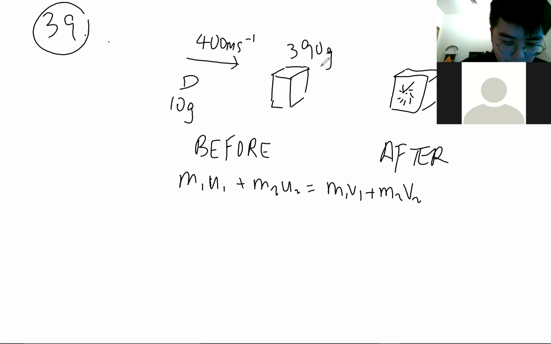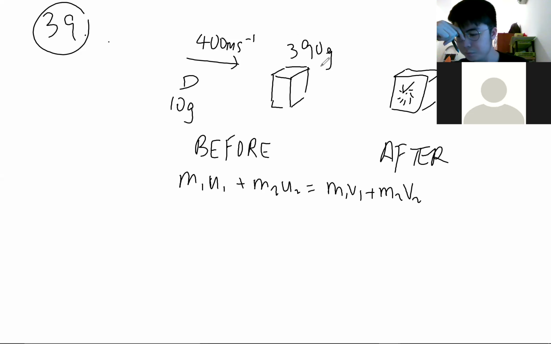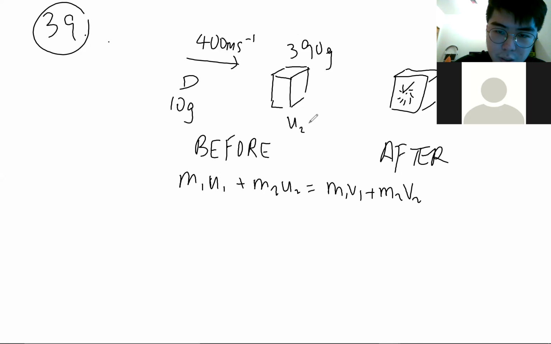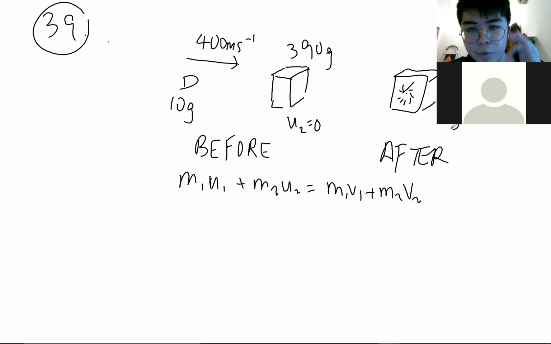Okay, so initially is the block moving? The block initially is not moving, it is at rest. Meaning that u2 is 0. Only the bullet is flying towards the block, so the block is at rest. But after the collision, the block is moving, and it is moving together with the bullet.